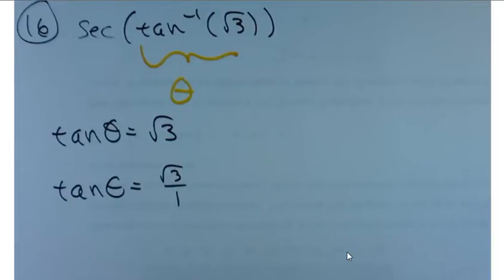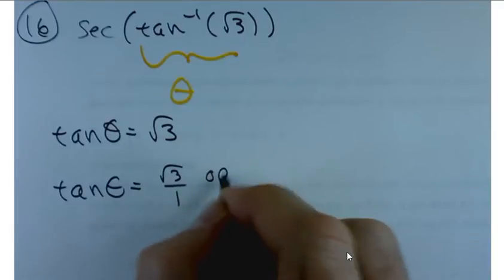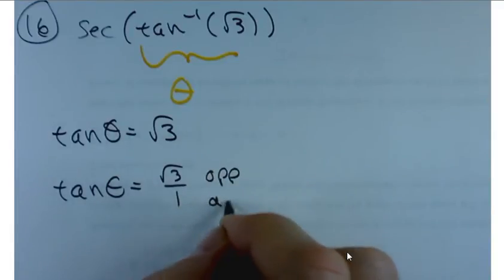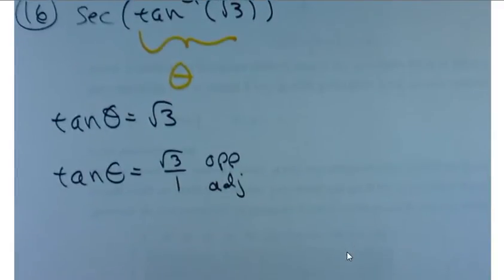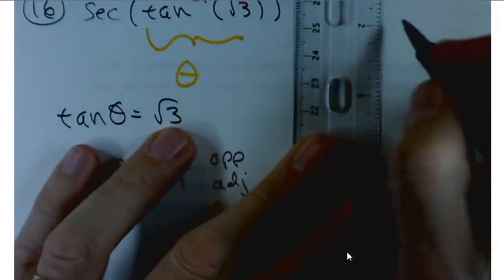So we're going to draw a triangle with the opposite side of root 3 and the adjacent side of 1. What quadrant am I going to draw this in? Yeah, 1 or 3, but we're never going to draw it in 3. So let's just keep it in quadrant 1. Question? Yeah, okay. I agree. So let's draw a first quadrant angle.